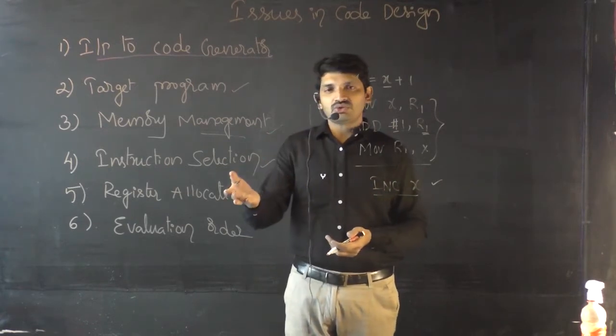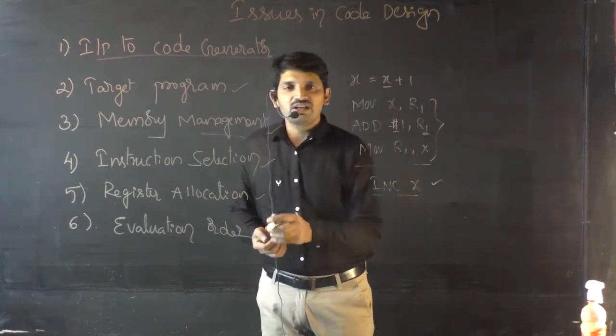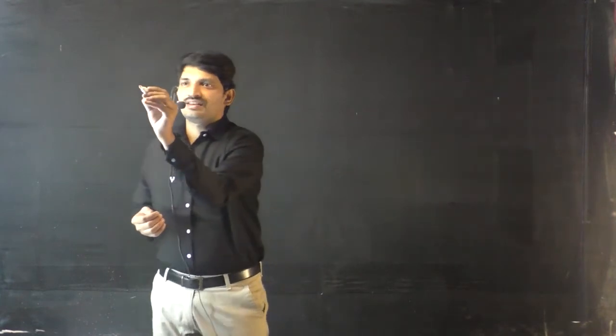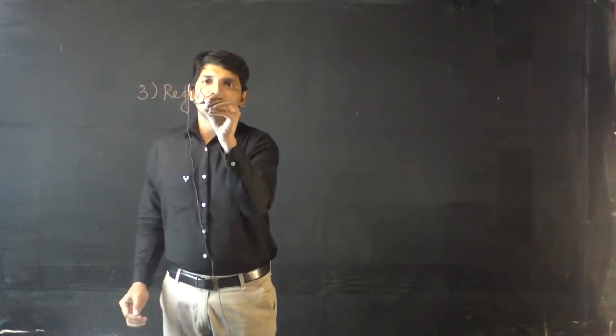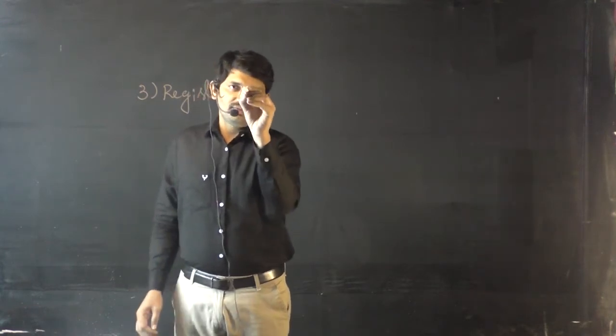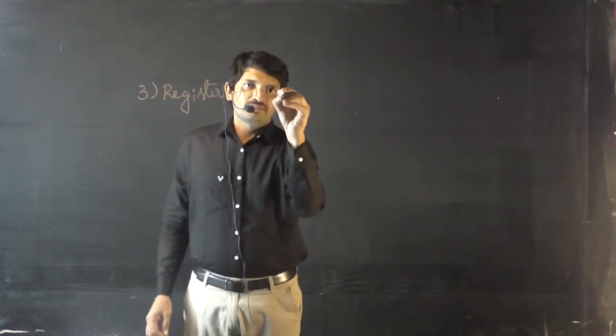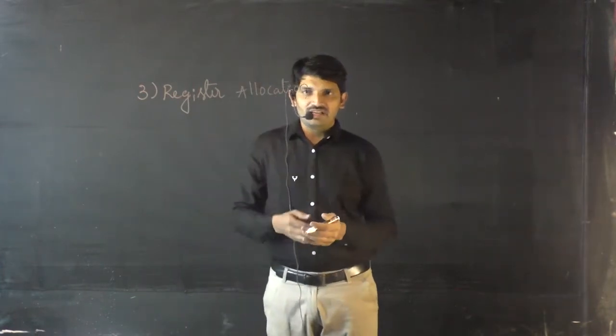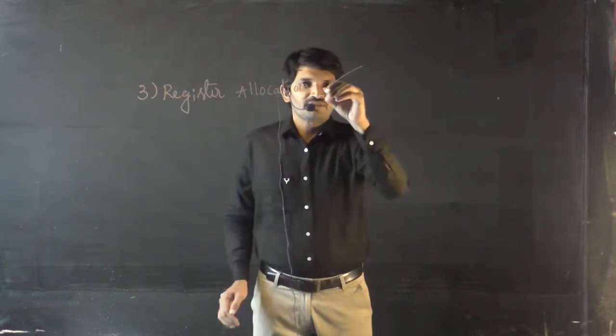Okay, now let us go for the next one, that is register allocation. We discussed register allocation as an issue in the code generator. In this, there are two types.